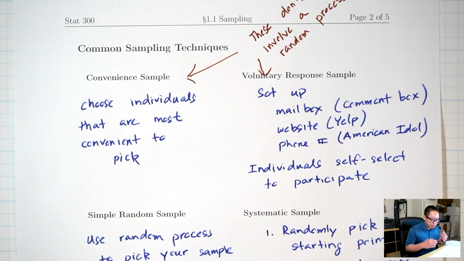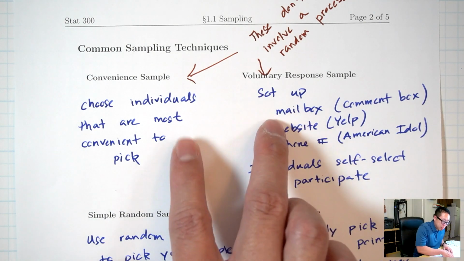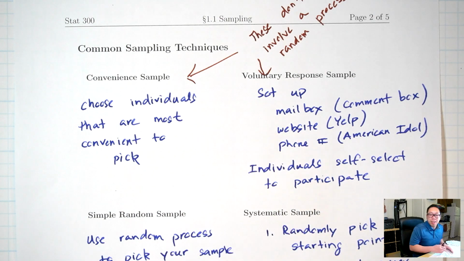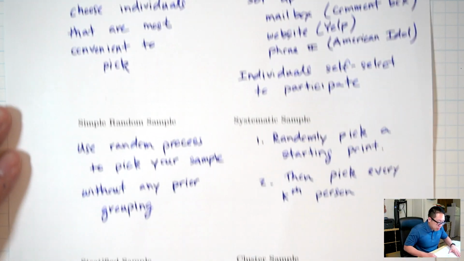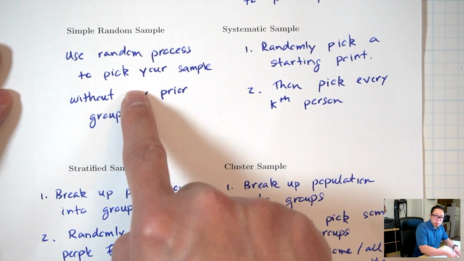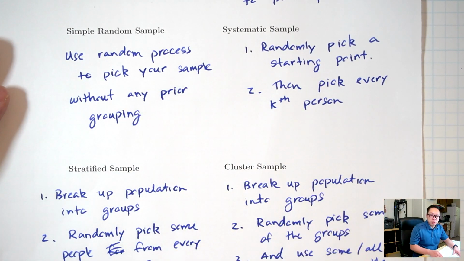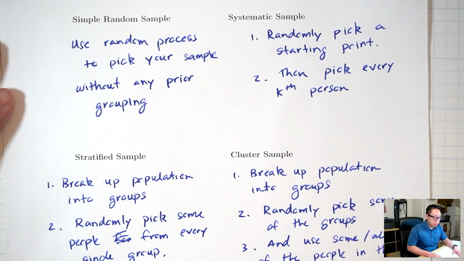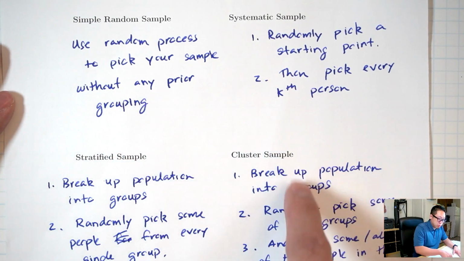So on a test, if the answer is one of these, I will accept both, because I can see it both ways. Now, the other four, simple random, systematic, stratified, and cluster, I do think those are different. So I want you to focus on the difference between these four.